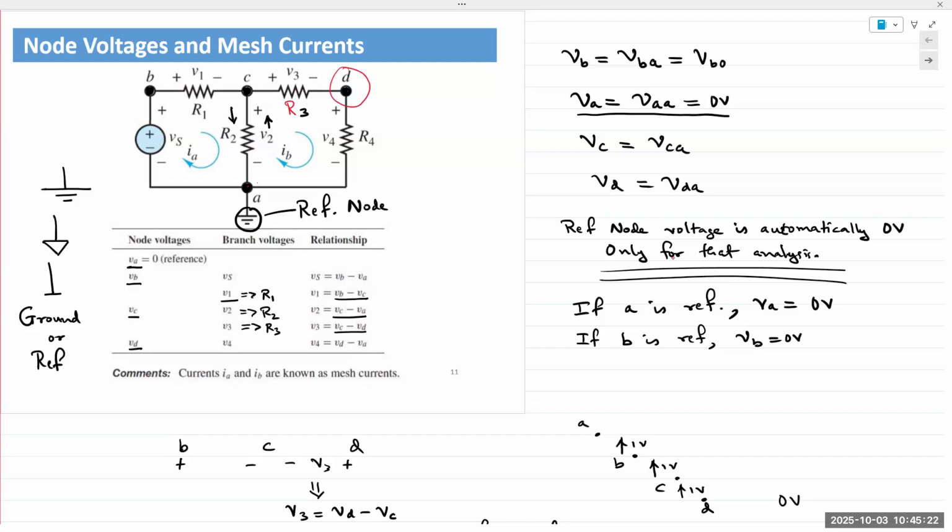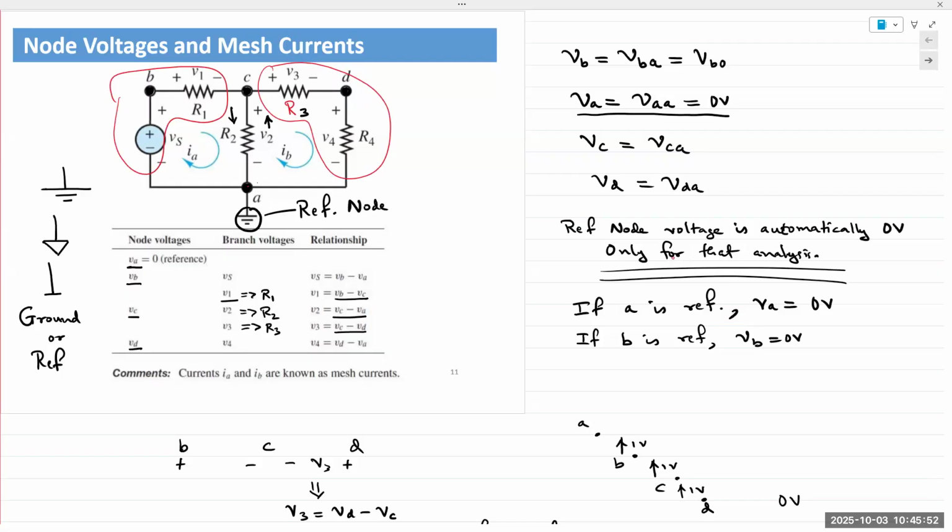They are connected at a node, but there is no third connection at that node. If there are no more than two components at a single node, those two components are said to be in series. So R3 and R4 are in series, and so are the voltage source and R1. And so technically, we can state that this circuit has only three branches. That's it.